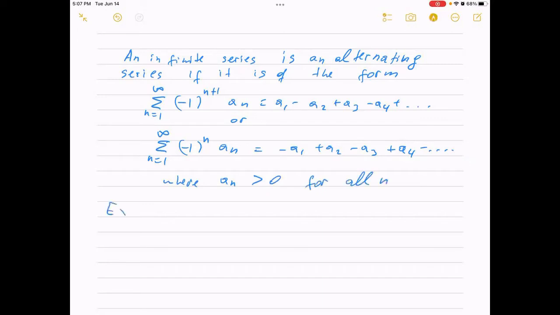A couple of examples. Say we have the sum of (-1)^n, n from 1 to infinity. That is -1 plus 1, -1 plus 1, -1 and so on. That's the first example of an alternating series.